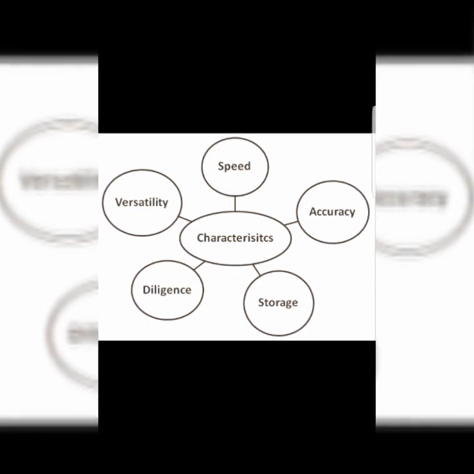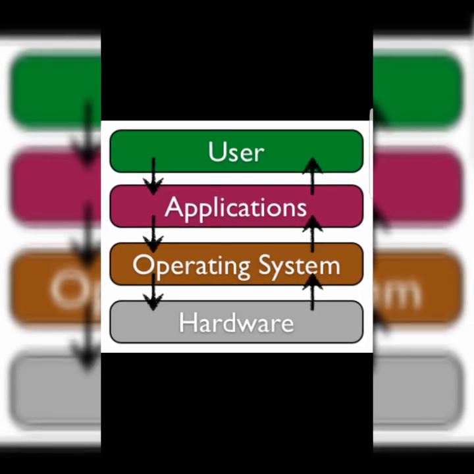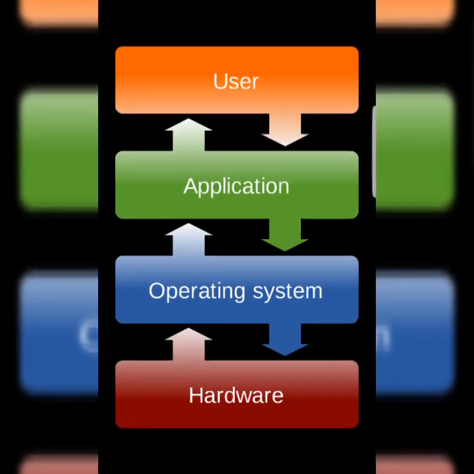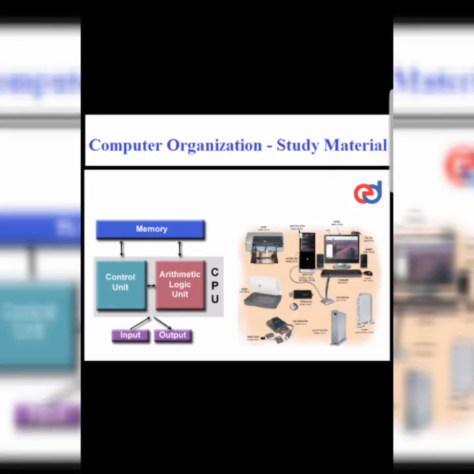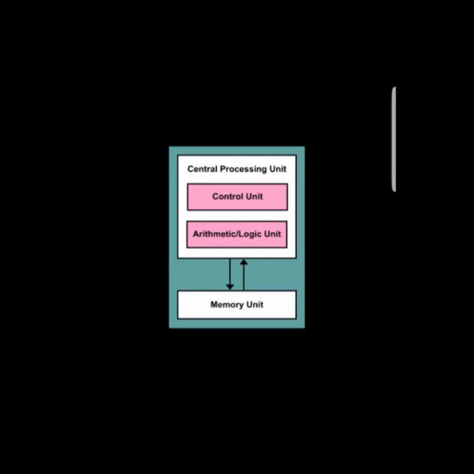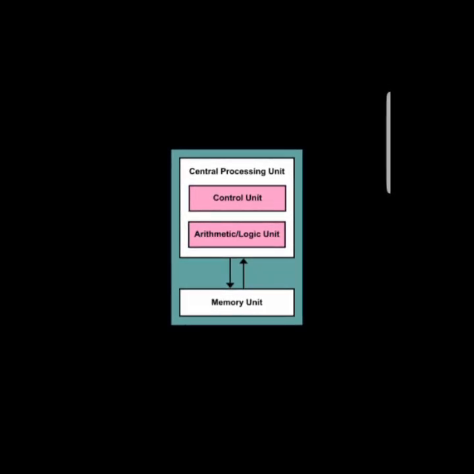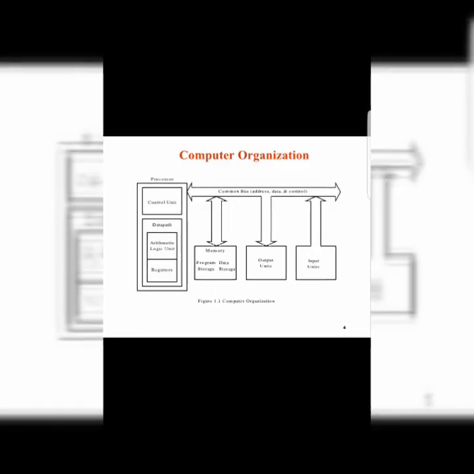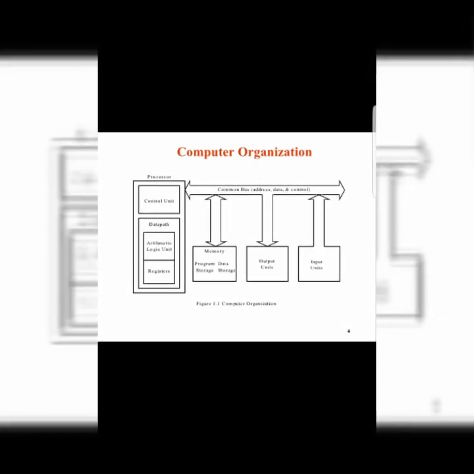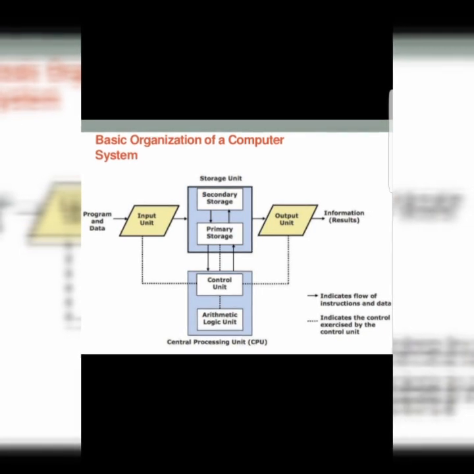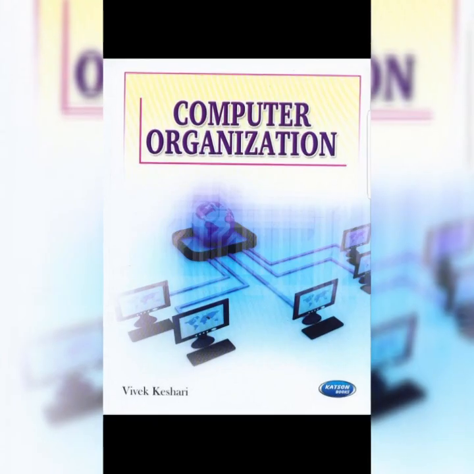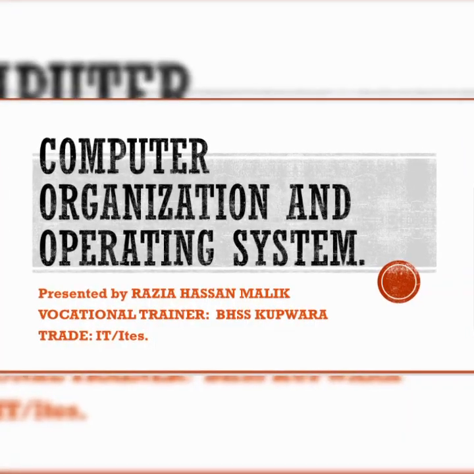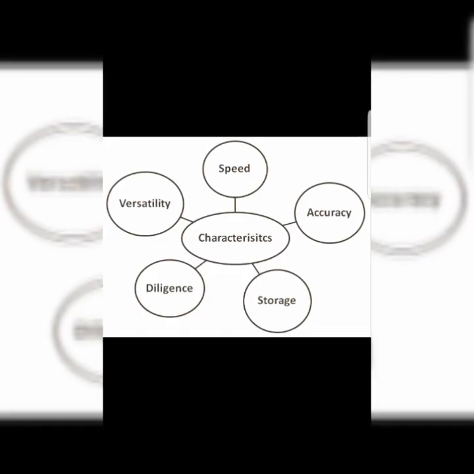So it's very important to convert our natural language into binary language in order to make our instructions be done by the computer. This conversion between human readable language and machine level language is done by the coordination of components called hardware and software.